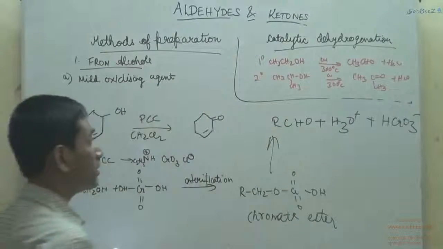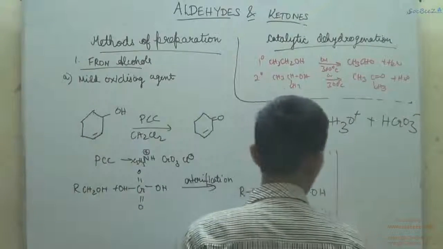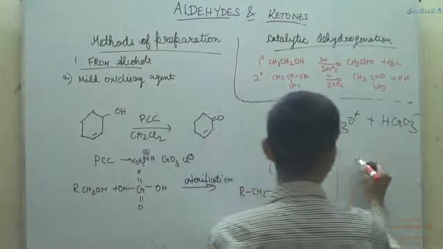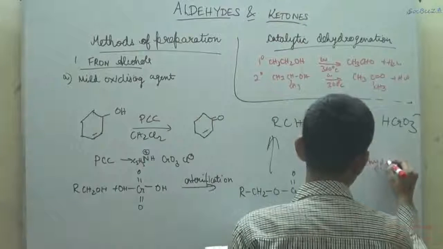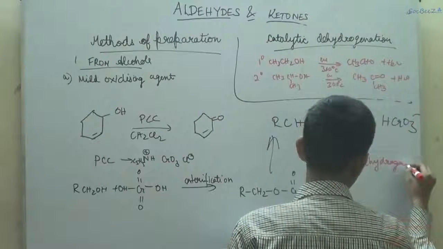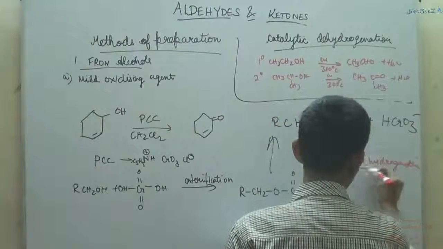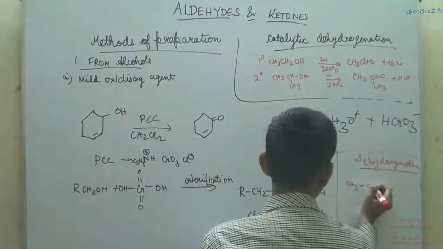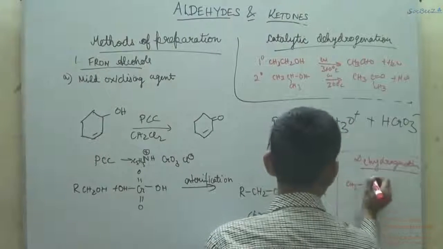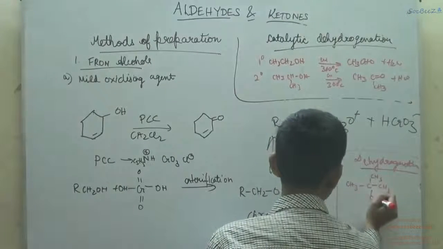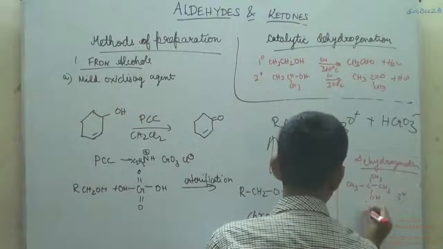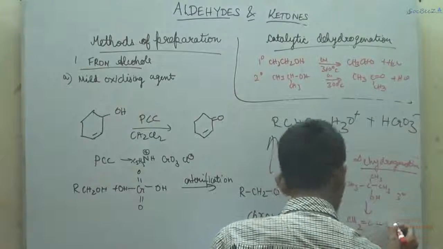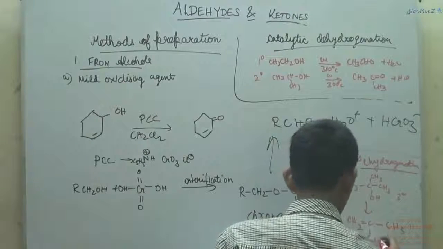But remember that if you use a tertiary alcohol in this particular reaction, that is dehydrogenation, writing it here, a tertiary alcohol, (CH3)3COH, it will go all the way to form an alkene by elimination.